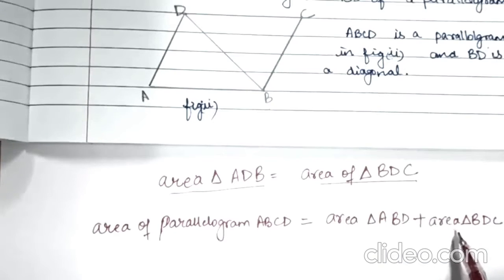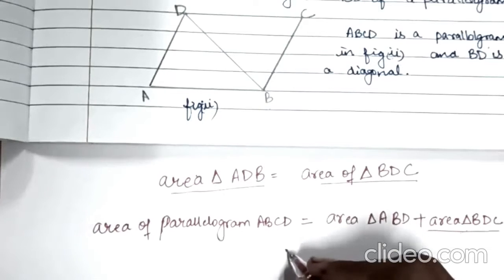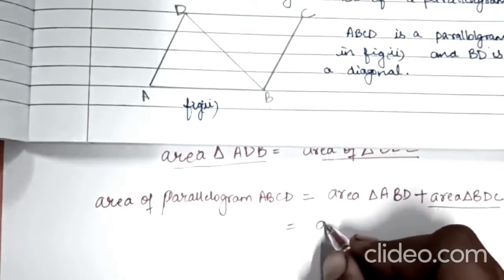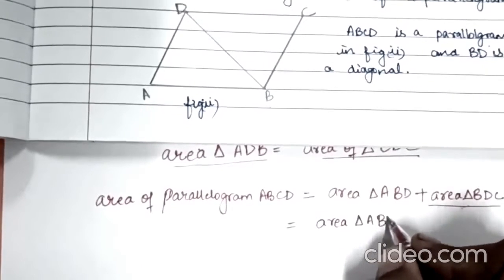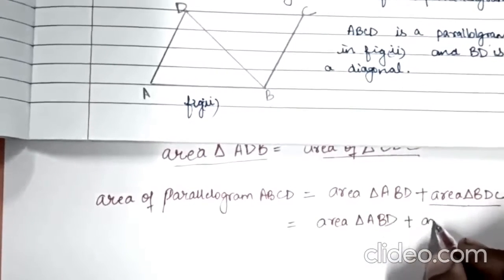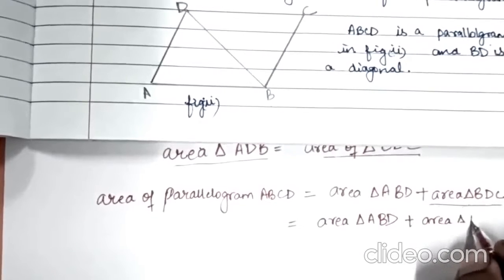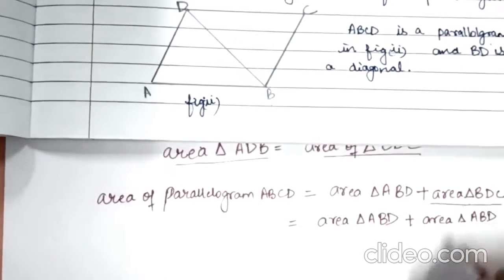So, can I write area of triangle ADB in place of area of triangle BDC? Yes. So I will write area of triangle ABD plus area of triangle ABD.